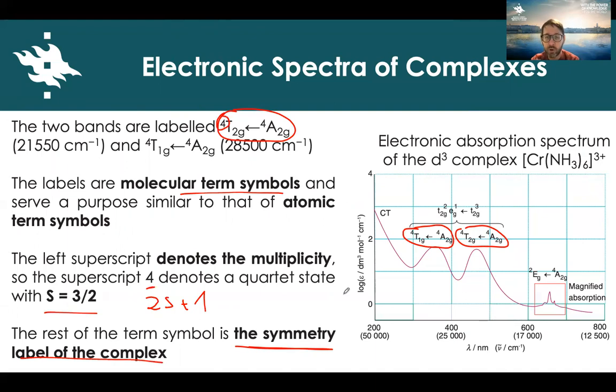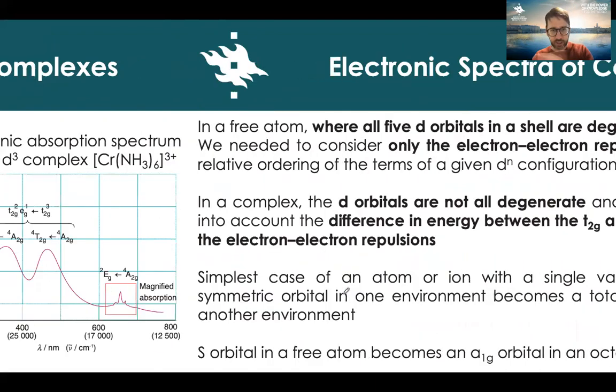But here, when we go from the atom to the complex, we have these symmetry labels that are defined by the way in which these electrons are affected by the geometry of the ligand field, in this case, the octahedral ligand field.